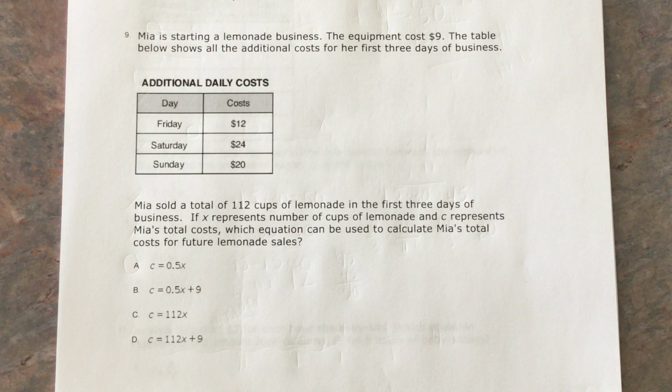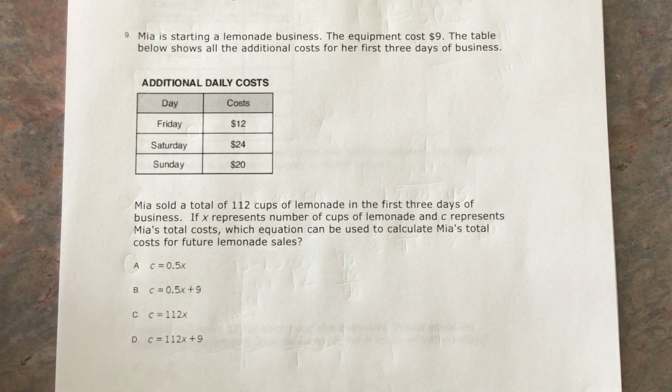Mia sold a total of 112 cups of lemonade in the first 3 days. If X represents the number of cups of lemonade and C represents Mia's cost, which equation can be used to calculate the total cost for future lemonade sales?